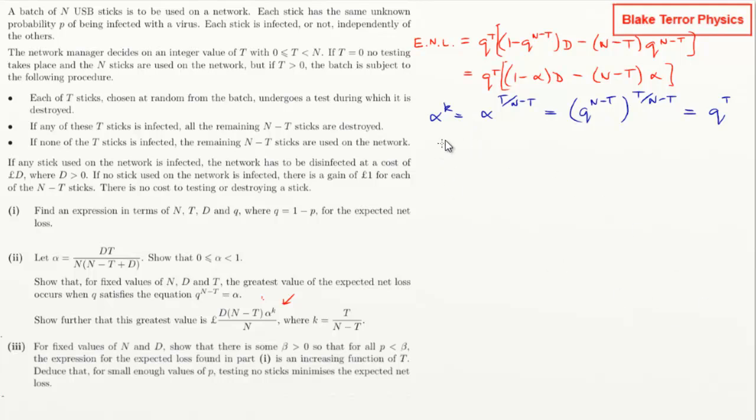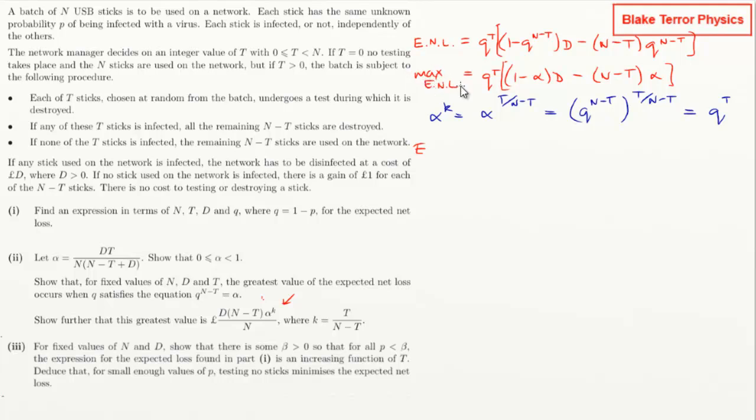Go back to red again. So I need to get, what am I going to get with all of this? How am I going to get rid of any of these? I've got a 1 minus alpha d. I don't know really. Anyway, so that should be maximum ENL.